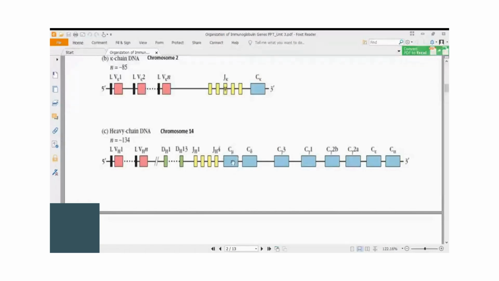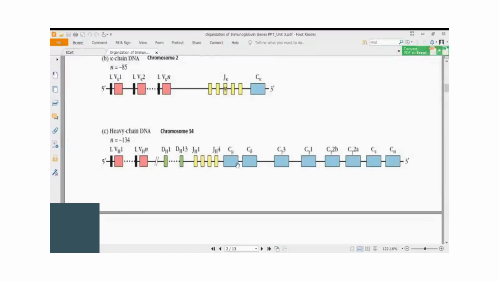Therefore, this gene is the first gene to be chosen by the variable region domain to recombine because it is nearest to the variable region gene. Other genes are far away.